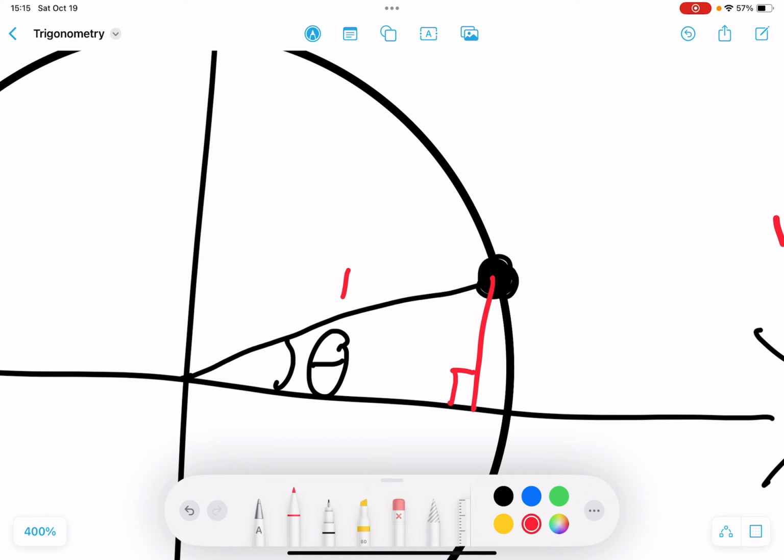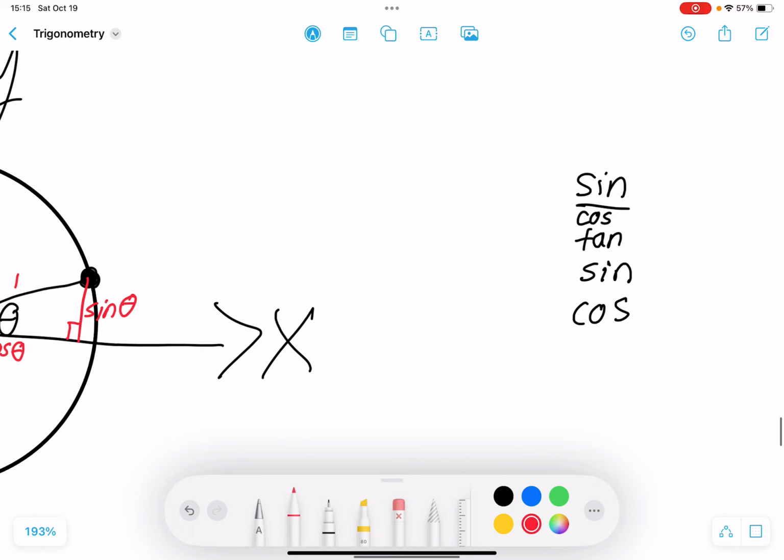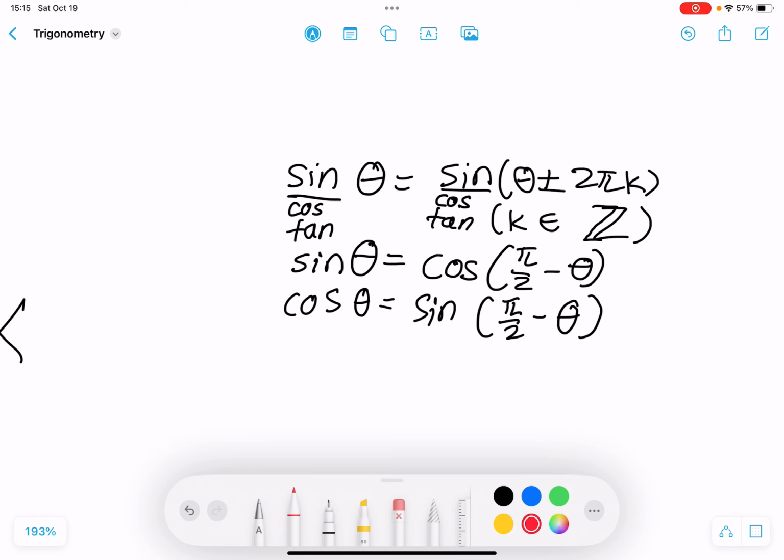The side length here is cosine theta, and this side is sine theta. So cosine squared theta plus sine squared theta is going to be 1. That's an important property that we can use.